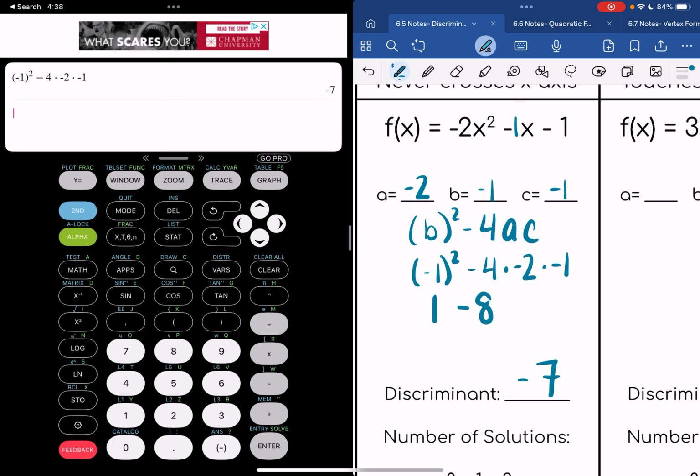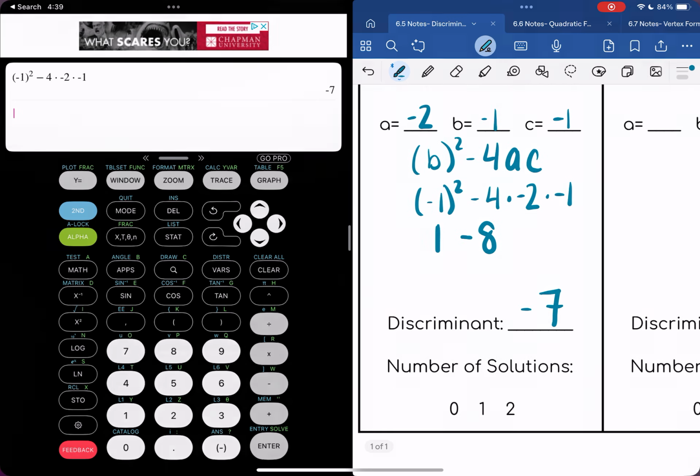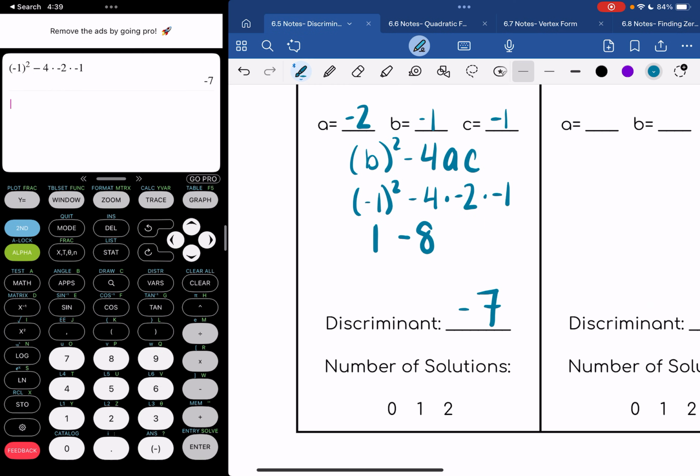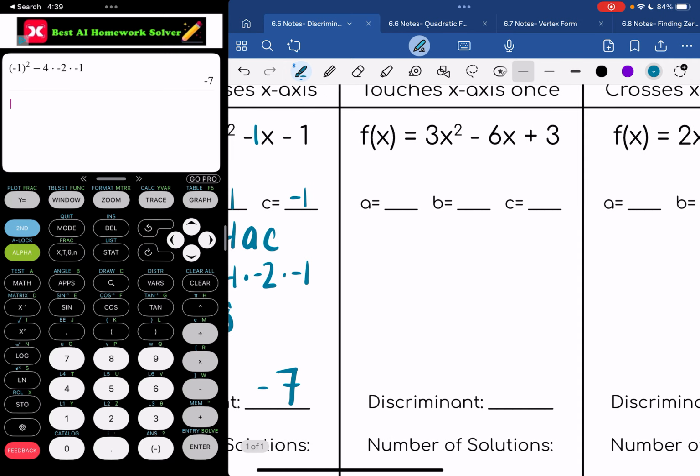So I can also just throw it in my calculator, but I do need to write down what I'm putting into my calculator. Okay, from here, the number of solutions I have, since this is negative, I have 0 solutions. So if the solution you get for your discriminant is less than 0, you have no solutions. 0 solutions. Okay, next problem.